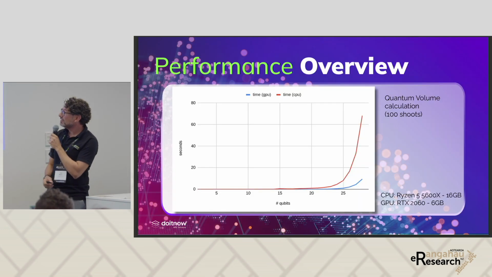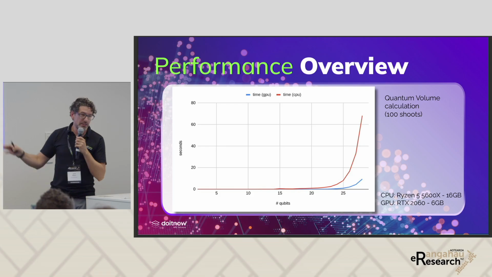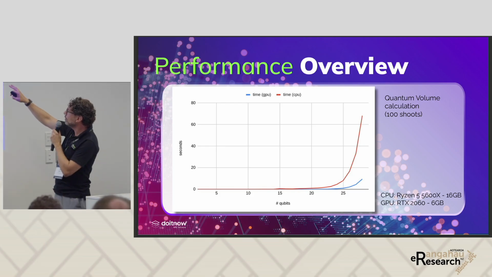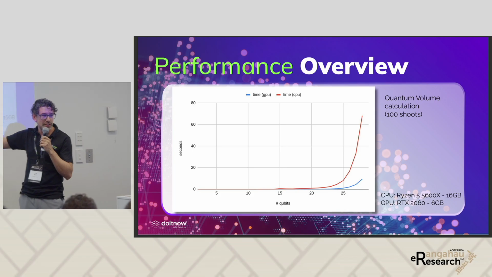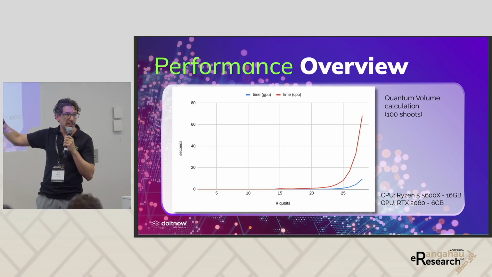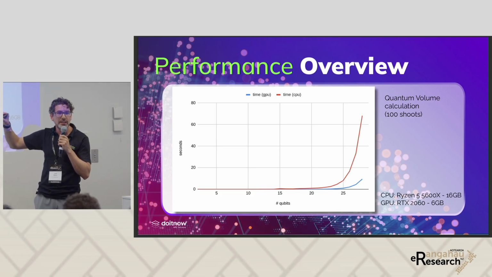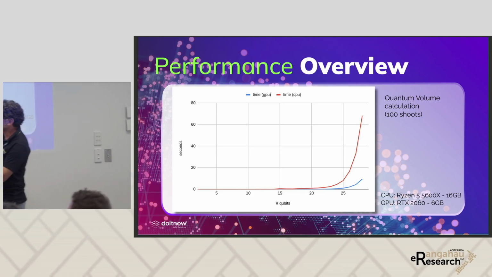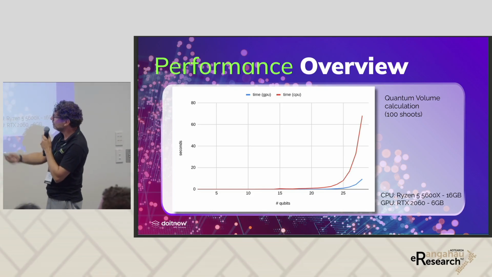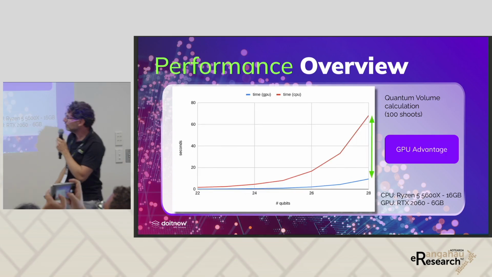Okay, so this is an example. This is a quantum volume calculation with 100 shots. Basically, what we are trying to do here is to see how many qubits I can incorporate in an emulator. This is the number of qubits, and this is the seconds. Let's zoom in on this section.